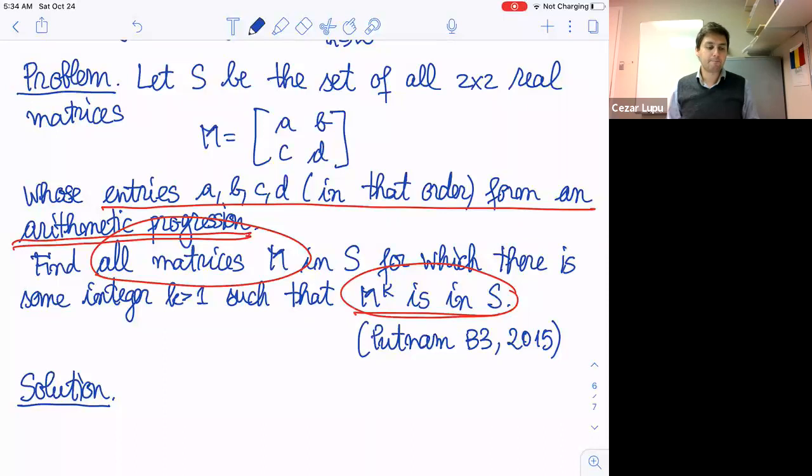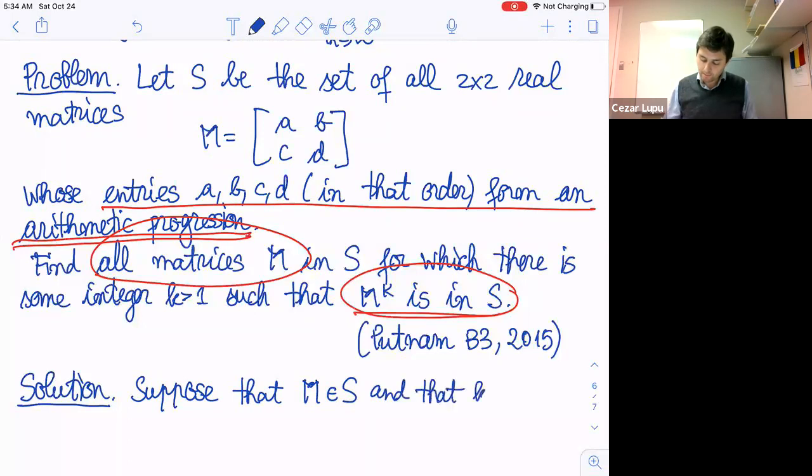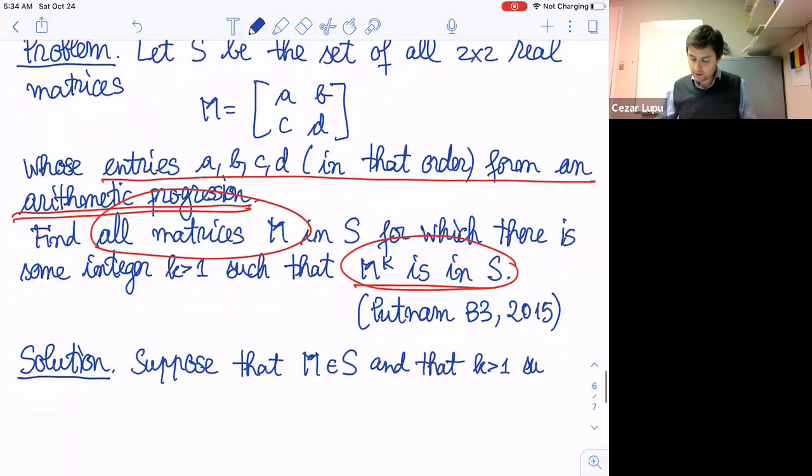So suppose that this matrix M belongs to this set S, and that k is greater than 1, such that M to the power k is also in this set S. So we would like to exploit this. Now let's see what happens.